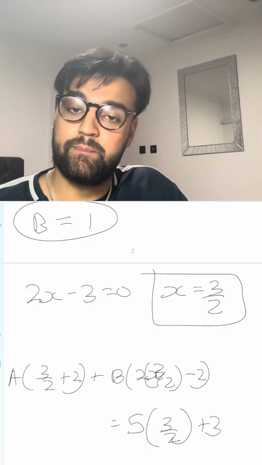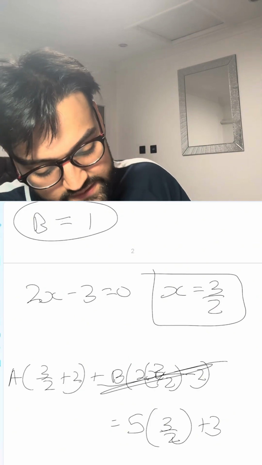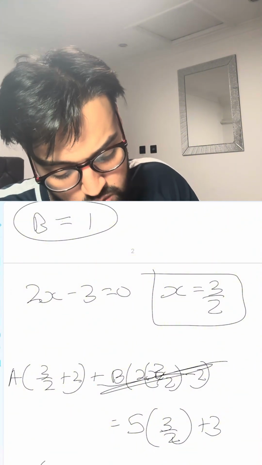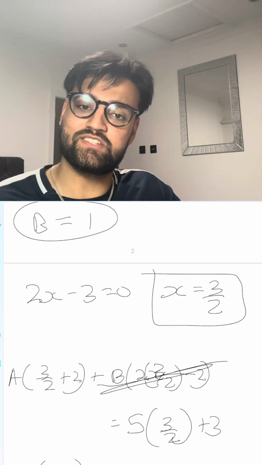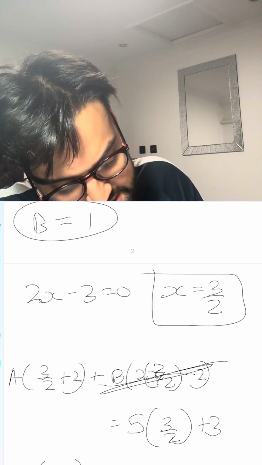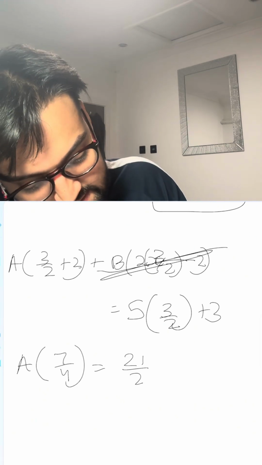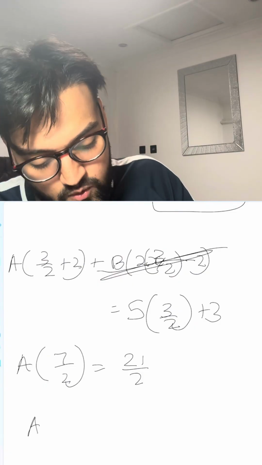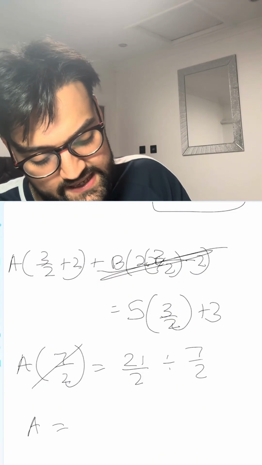Now, we picked the x value such that b disappears, so this disappears. I'm left with a lots of 3 over 2 plus 2, which is 7 over 2, equals 5 times 3 over 2, which is 15 over 2, plus 3. So in other words, it's 21 over 2. Simplifying by dividing by 7 over 2, I'm left with a is 3.